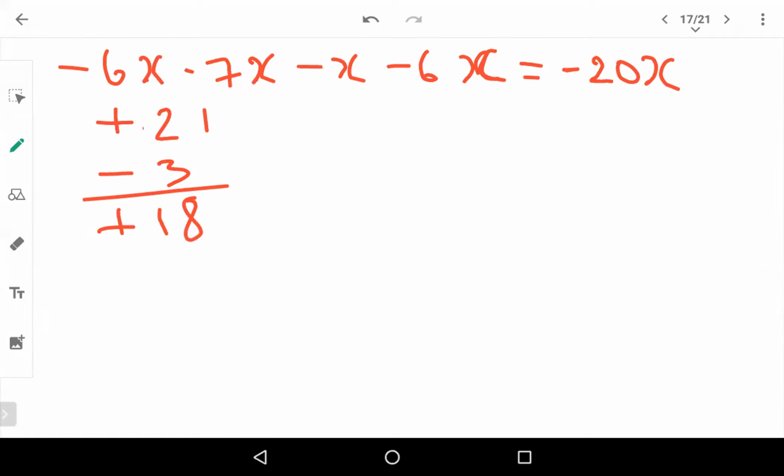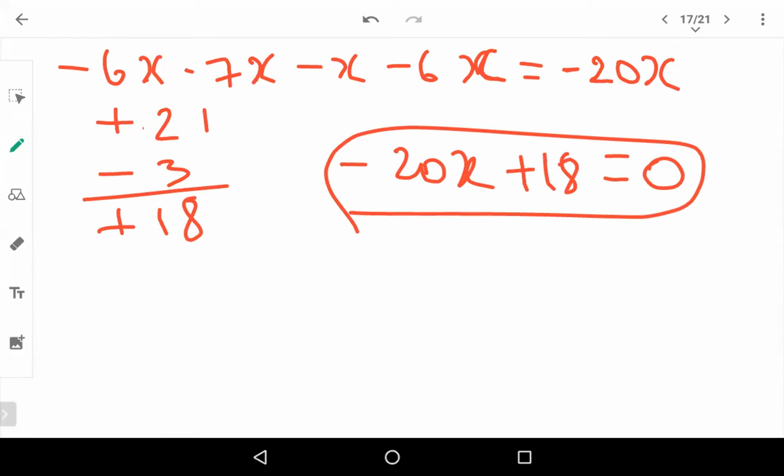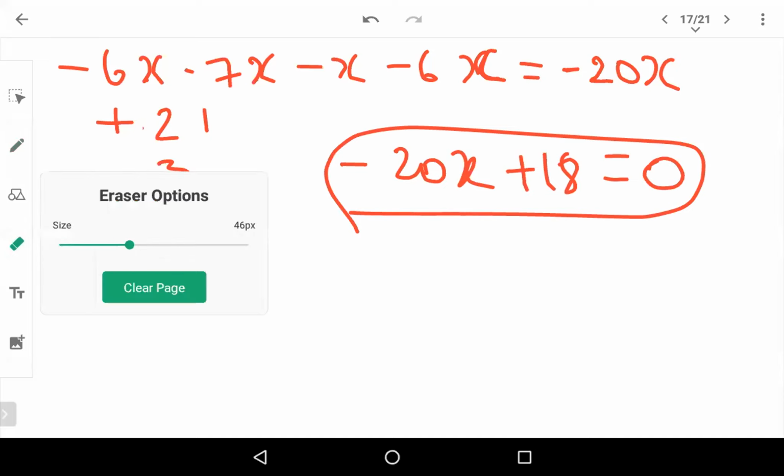So I have minus 20x plus 18 is equal to 0. So this is the expression I have now where I am supposed to solve for x. Okay, so let us do that properly. So minus 20x plus 18 is equal to 0.